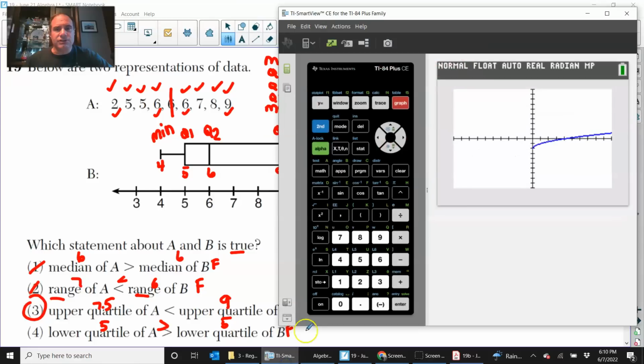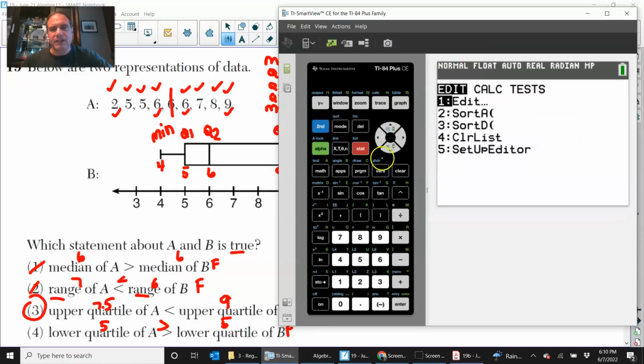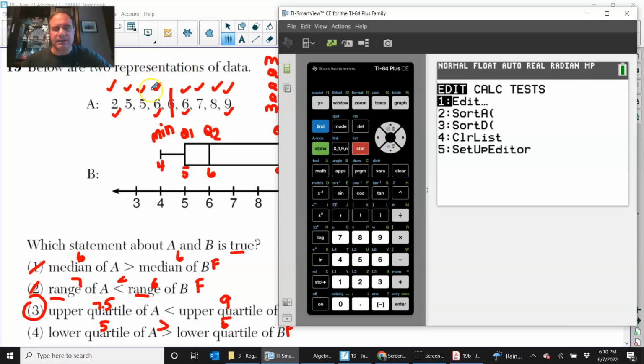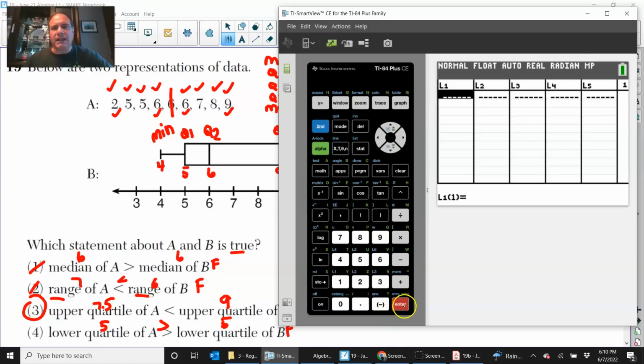All right, so just to make sure that you understand, you could put this into your calculator. It'll give you the answer. So if you press stat and edit, you go to L1 and you're going to put 2, 5, enter, 5, and you notice that I'm putting them in, it goes directly in. 6, how many 6s? 3.